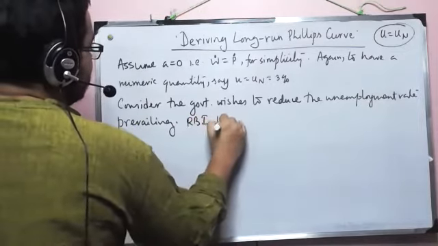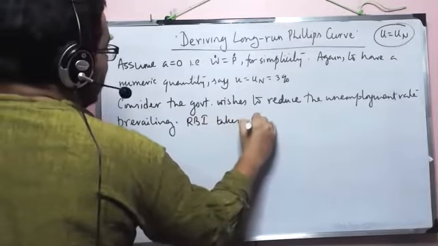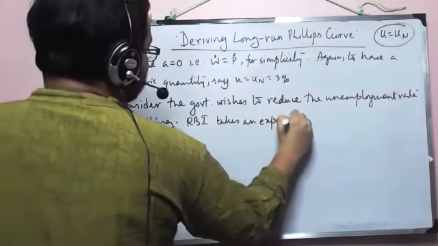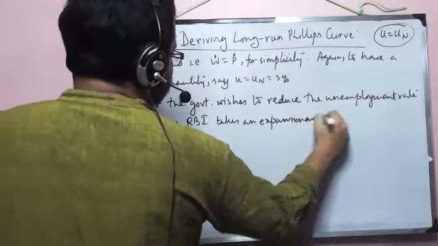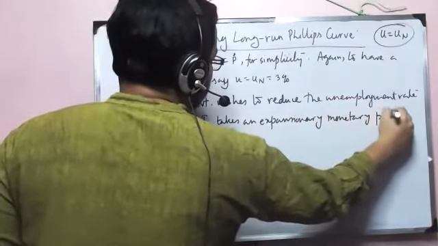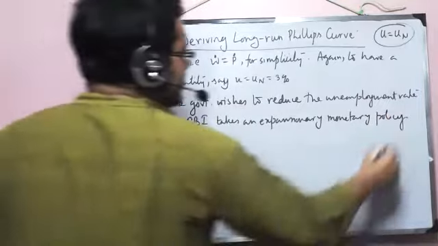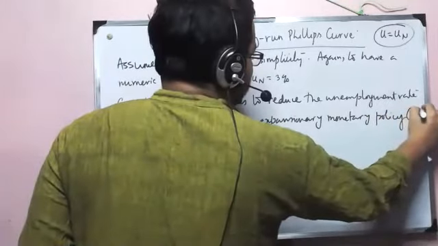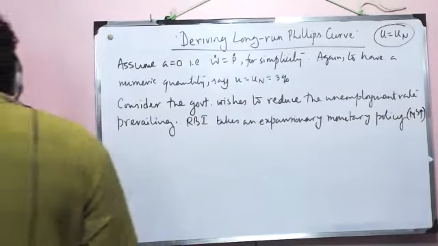RBI takes an expansionary monetary policy, which basically means that the money supply increased. That's what it means.